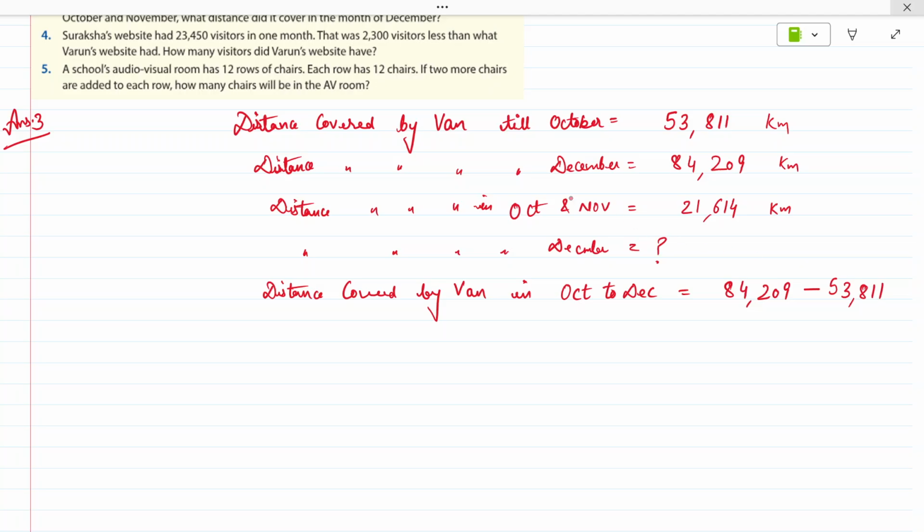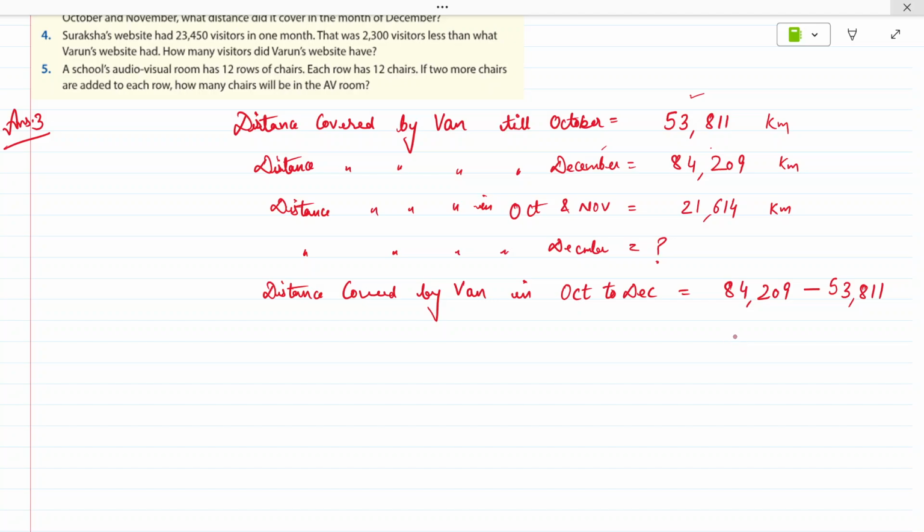This is simple. See, from the starting till October, this is the total distance. From the starting till December, this is the total distance. So that means the change in the distance in these 3 months, October, November, December, we can find out by the difference of these two.